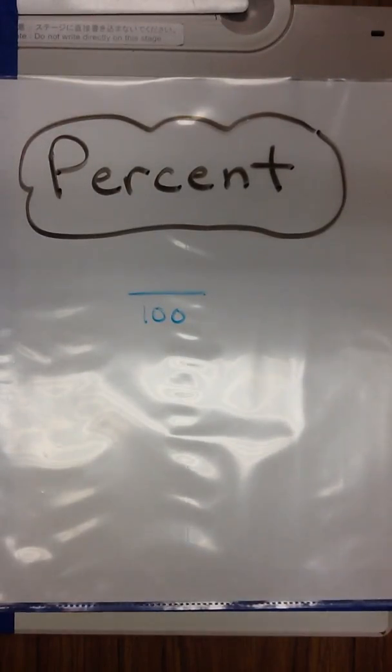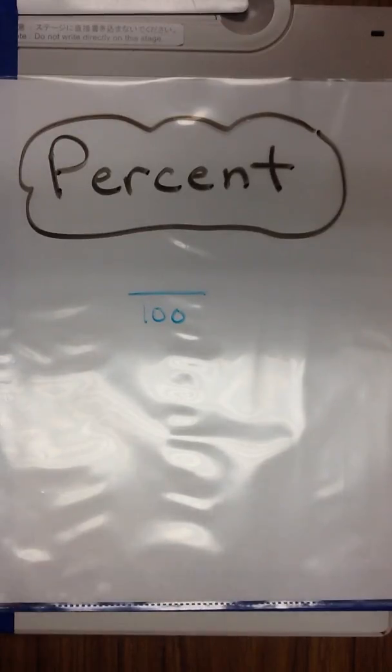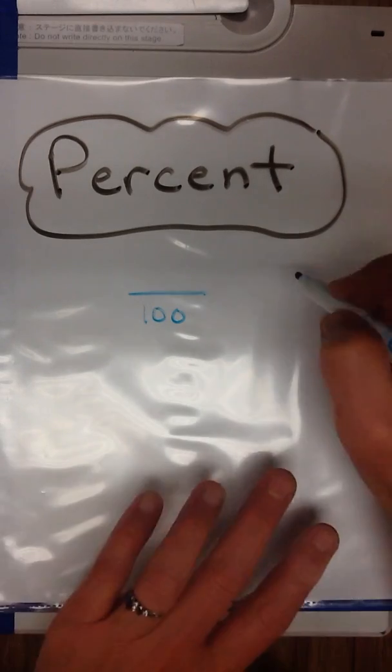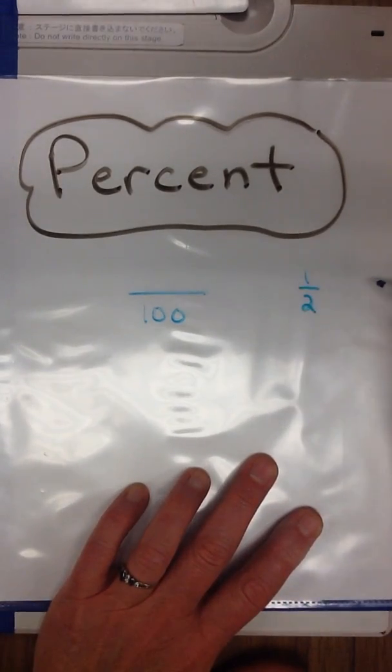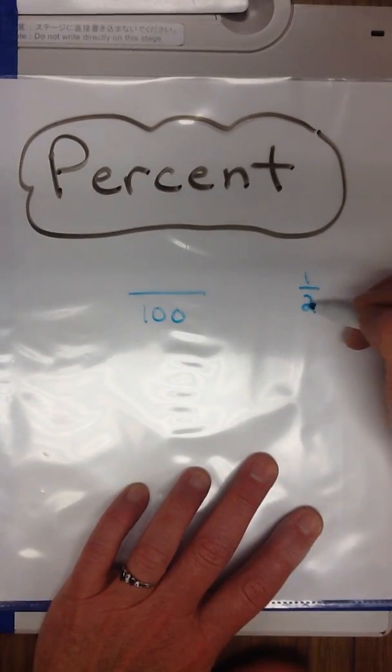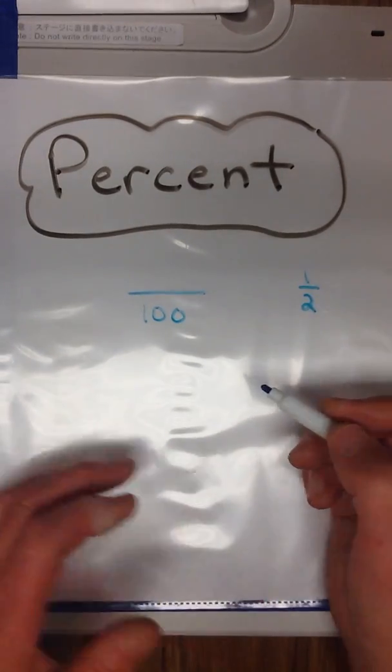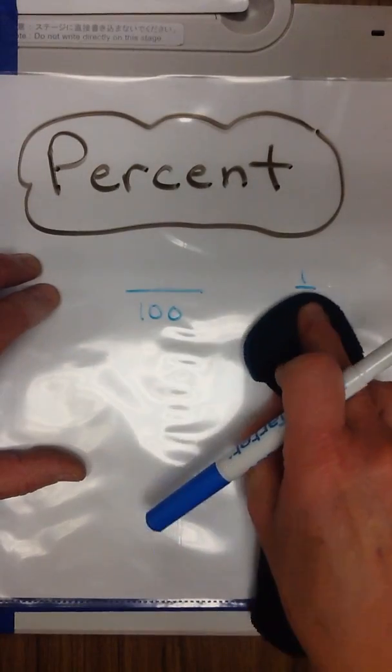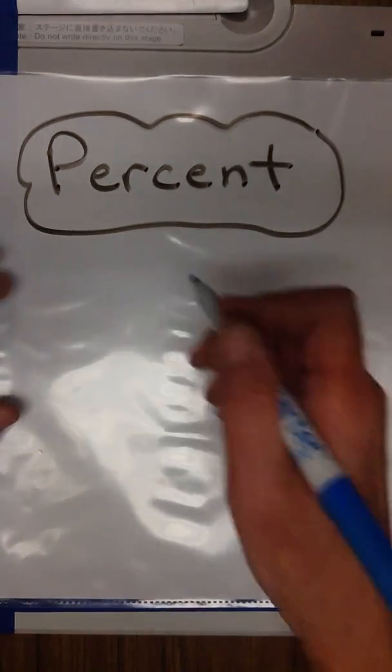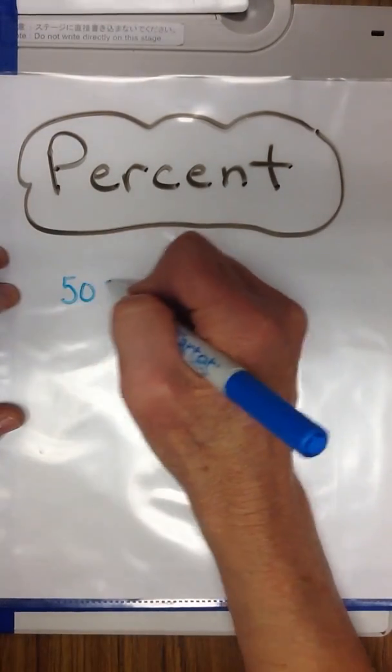Okay, well, you might be thinking to yourself, wait a minute, if 50% is equal to 1/2, and 1/2 doesn't have 100 in the bottom. Well, you're right, but we get 1/2 from 50% this way.